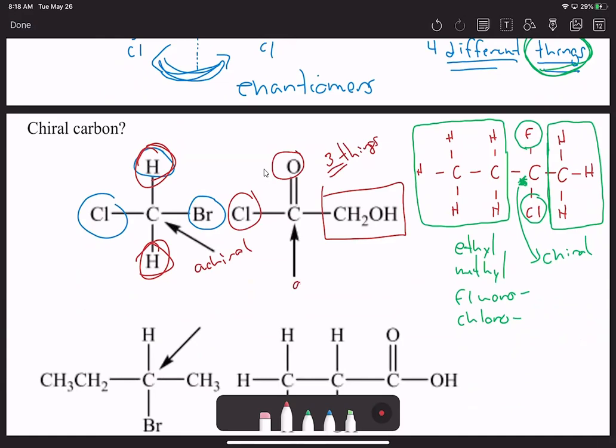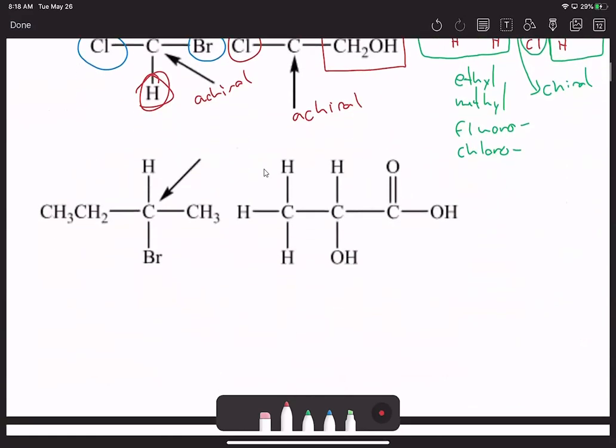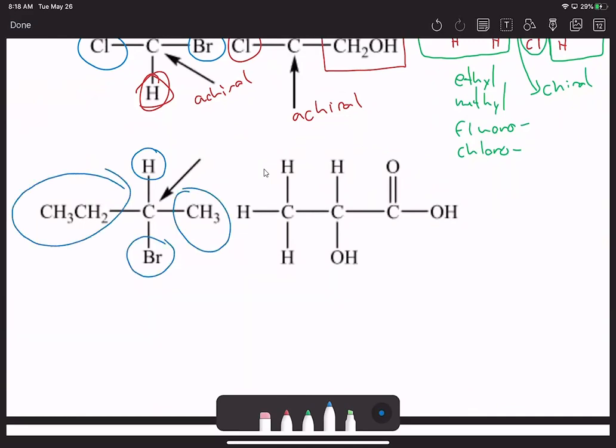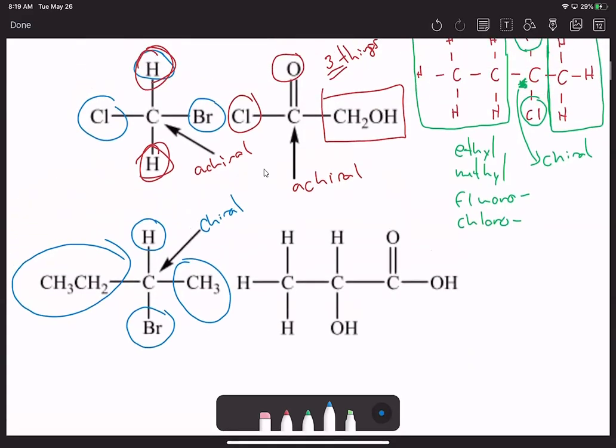So again, this now is going to be achiral because I only have 3 different things attached to it. Here, just similar to my example that I just had, here's 1 thing, 2, 3, 4 different things, so this carbon, or this molecule here, is chiral.